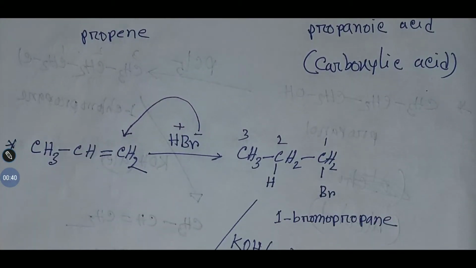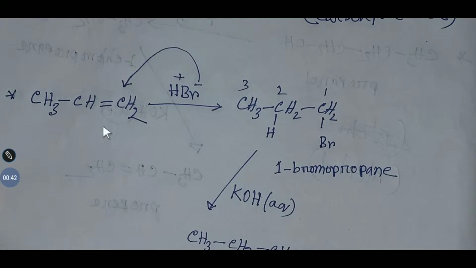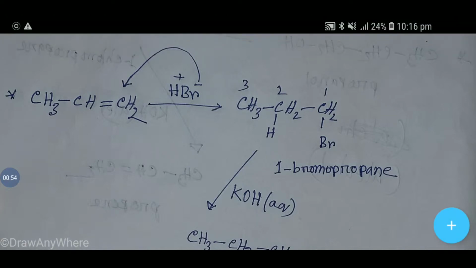Well, you know that this is propene, right? And if you add hydrogen bromide to propene in presence of hydrogen peroxide, then the negative part of hydrogen bromide will add to the carbon that has maximum number of hydrogen.